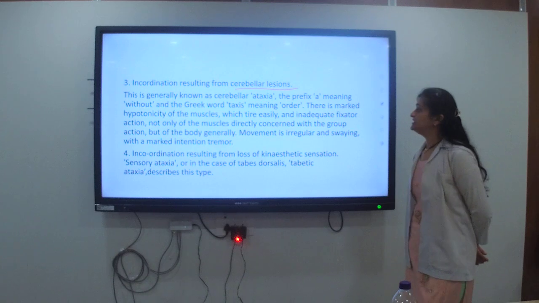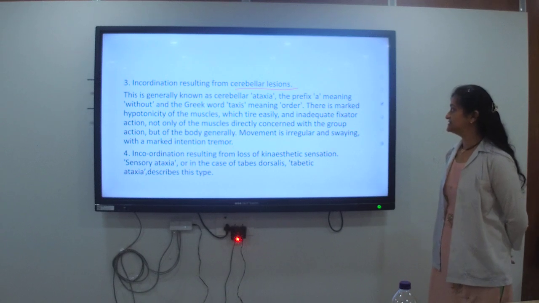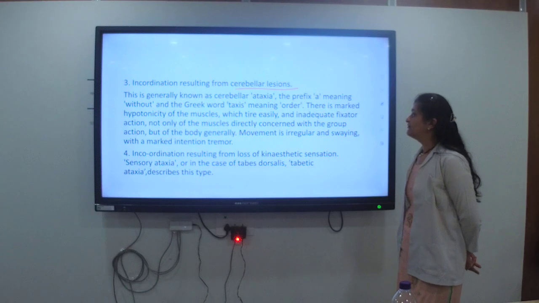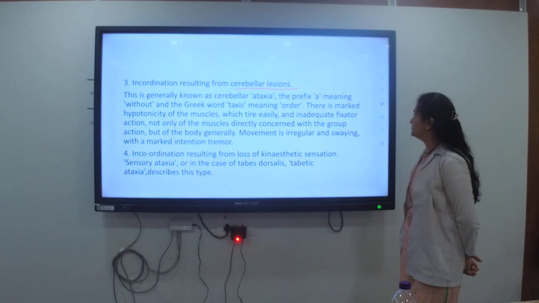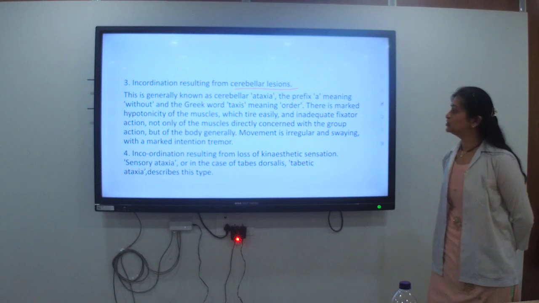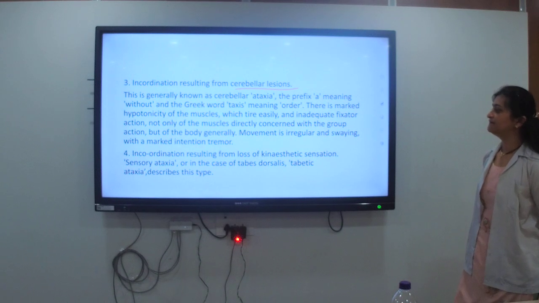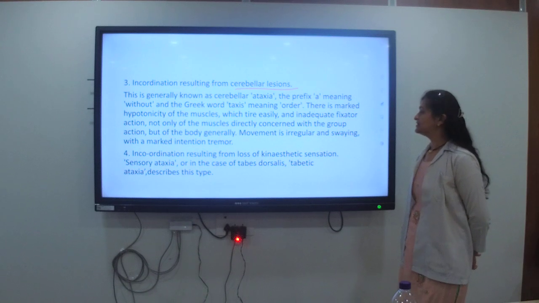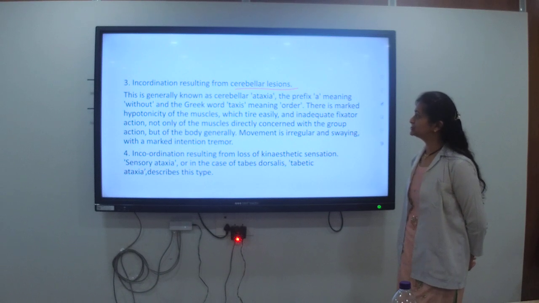The prefix a means without, and the Greek word taxis means order. There is marked hypotonicity of the muscles, which tire easily, and inadequate fixator action, not only of the muscles directly concerned with the group action but of the body generally. Movement is irregular, swaying, with a marked intention tremor.